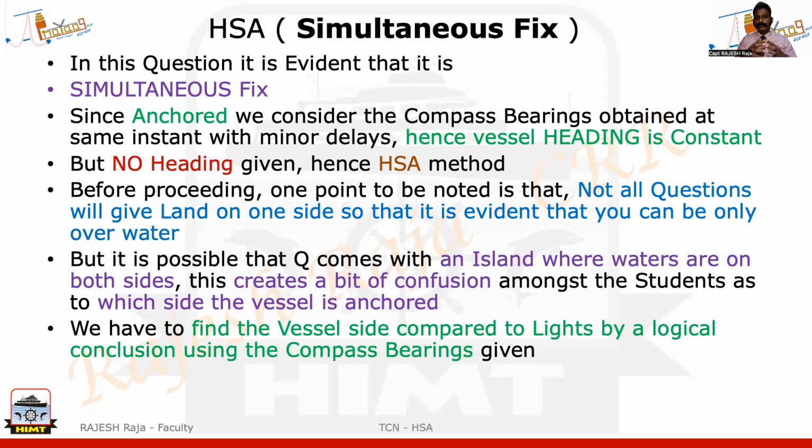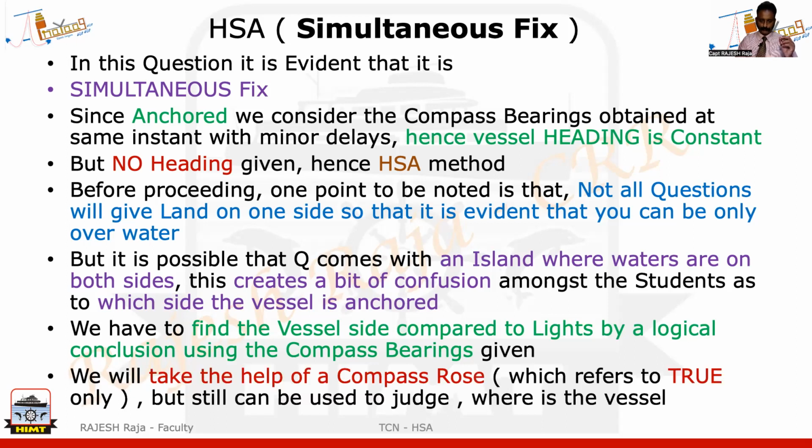I'm supposed to use a logical conclusion, comparing against the 2 lighthouses given to me for a set of horizontal angles, to decide which side I am on, whether, in this particular question, I am south of the 2 lighthouses or north of the 2 lighthouses. It can be applied to all. So I'm going to show you how to use that.